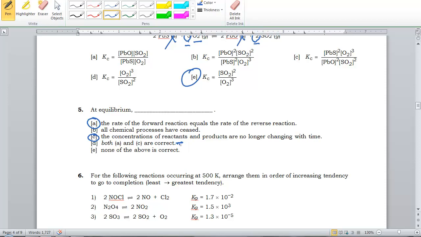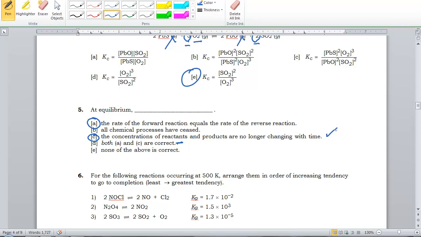But what that also implies is choice C, because reactants are going to products at the same rate that products are coming back to reactants, the concentrations of reactants and products are no longer changing with time. Now, it doesn't mean choice B, because reactants and products not changing with time doesn't mean the reaction has stopped.